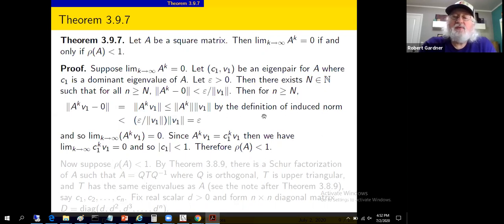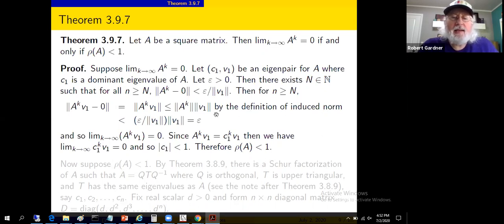If you look at the way we defined the induced norm, also maybe called the operator norm, that's more of an analysis setting, the norm of a matrix was defined as the maximum of the norm of the matrix applied to a vector, divided by the norm of that vector to which it's applied. So the norm will definitely be greater than or equal to what we get out for any particular vector v1. That actually comes from a definition.